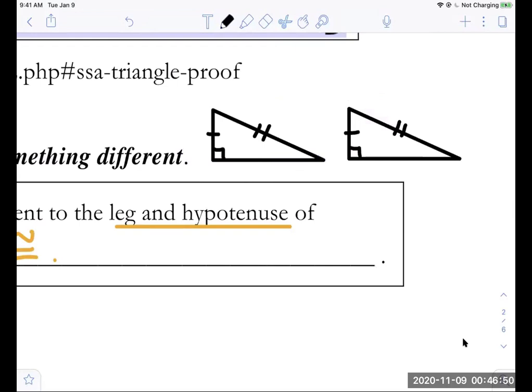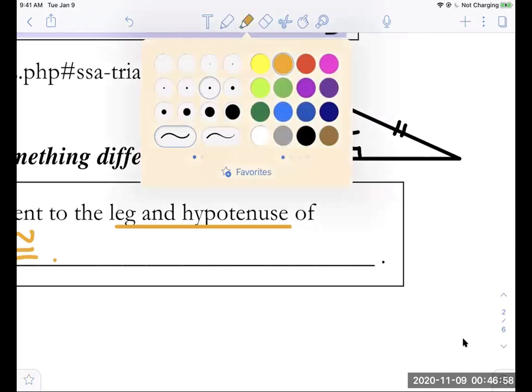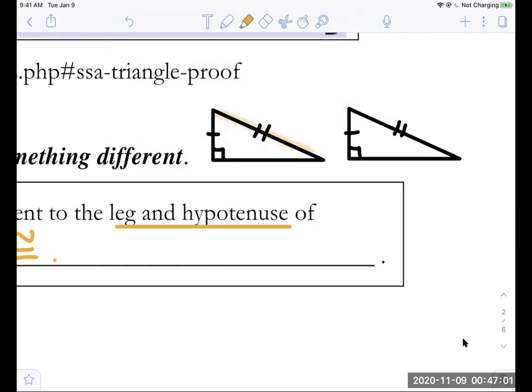But we don't call this angle, side, side. We call it hypotenuse leg. Hypotenuse is the side across from the right angle, and then one pair of corresponding legs. So hypotenuse and then a pair of legs.